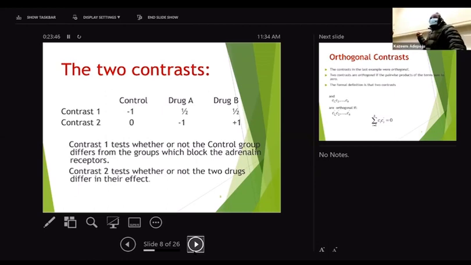Basically I only want to compare whether there is a significant difference between drug A and drug B, and that is why I put +1 on this and -1 on this. It means I'm only focusing on the 2. So this is how we construct 2 contrasts, and the interpretation is what you are seeing here.